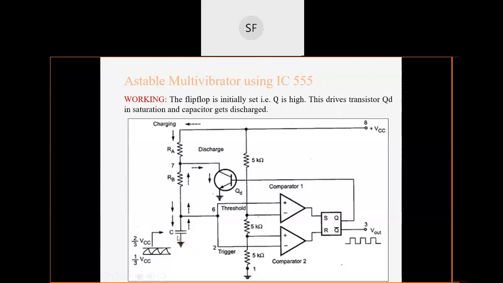Okay. So again remember these points. And otherwise the diagram is similar to the monostable. So until now, if you are having any confusion or any doubt, then you can get it cleared. I will just wait for a couple of minutes, just observe this waveform, and then we will start the working.